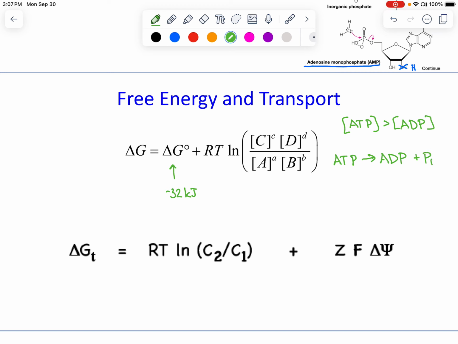So Q, right here, is products over reactants. So this number, Q, is going to be less than 1, making this whole thing negative, so contributing to delta G being even more negative. And so when we look at that, it turns out that delta G for the reaction is in the range of about negative 50 kilojoules per mole.